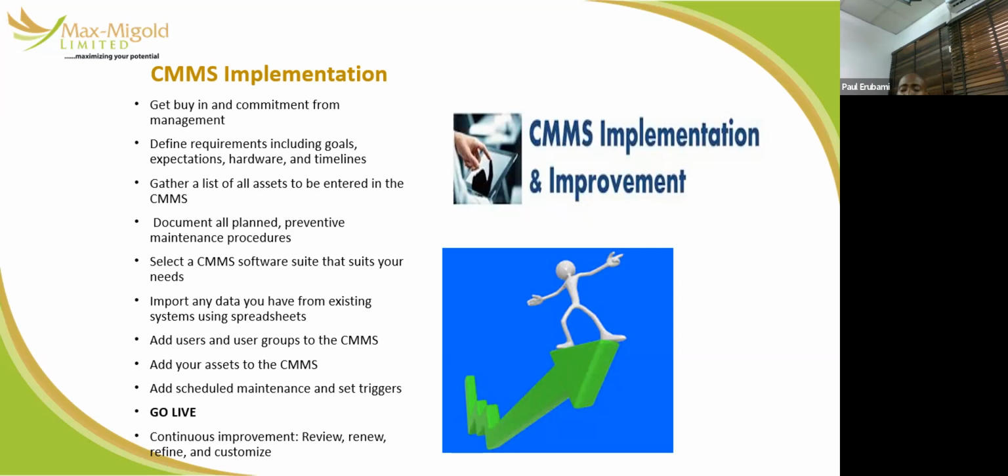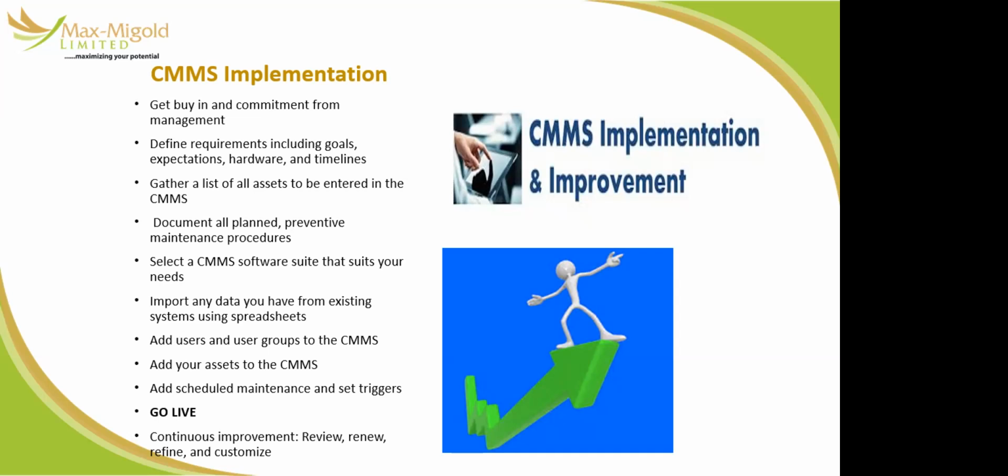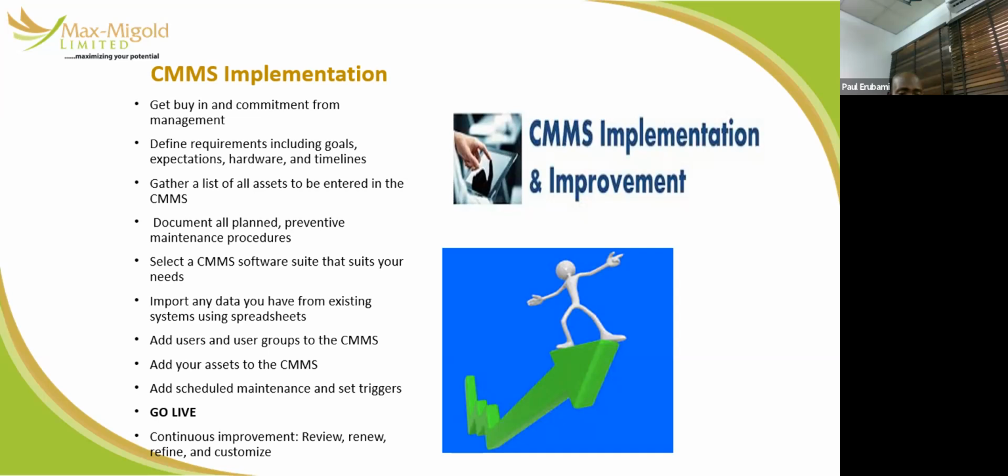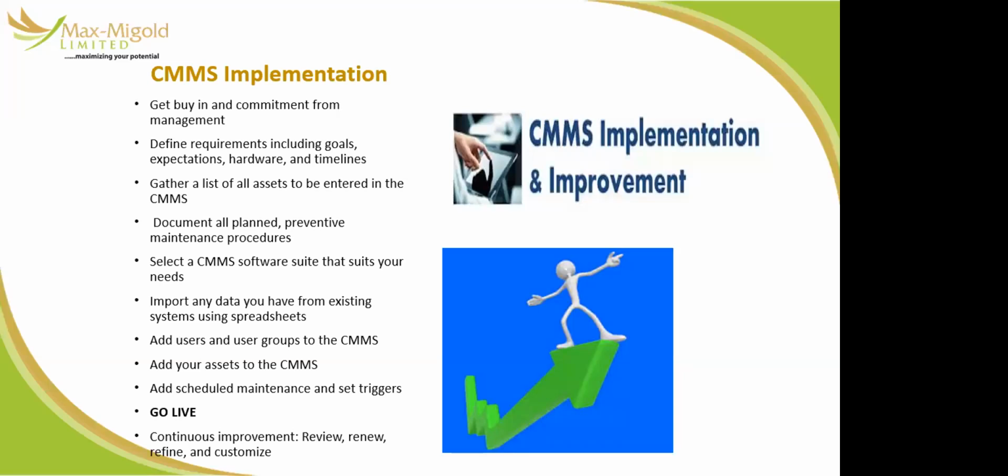You can have people who will have access to the CMMS, and you can keep adding people to it. Then you can add your assets to the CMMS. Once you have done all this, you can go live. Then you keep improving, reviewing, renewing, refining, and customizing the software on a consistent basis.